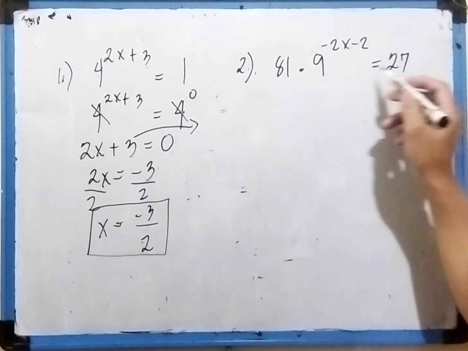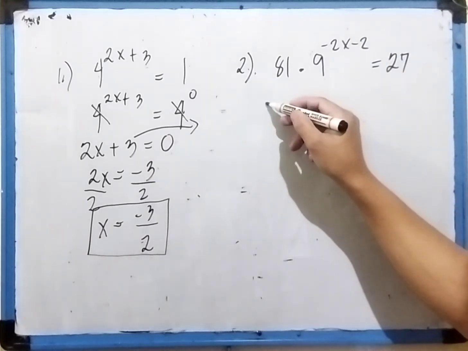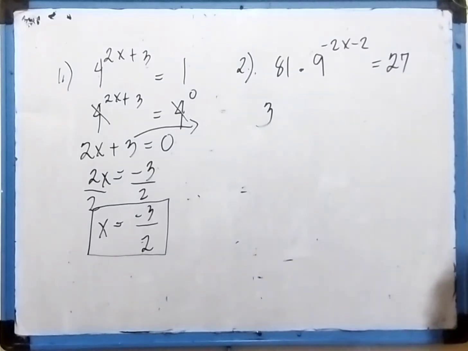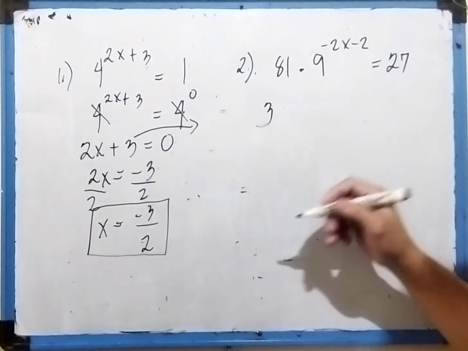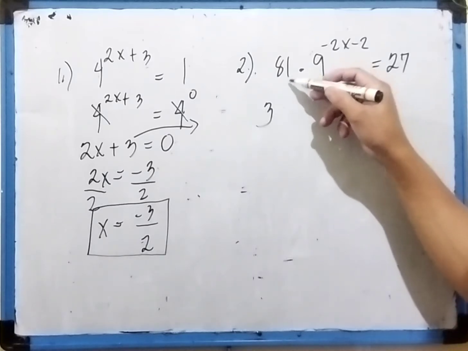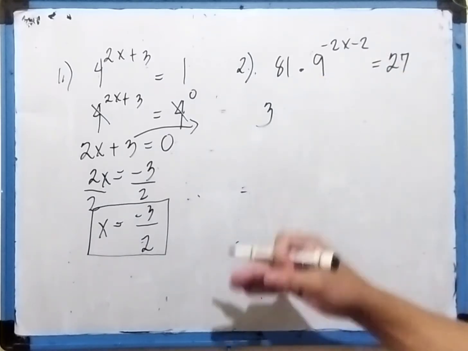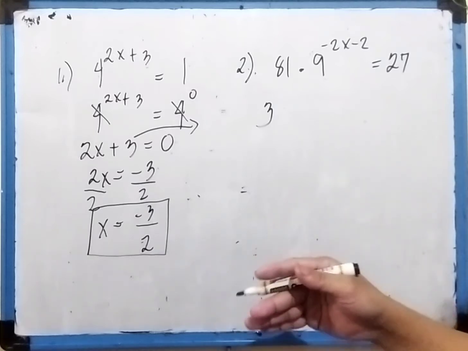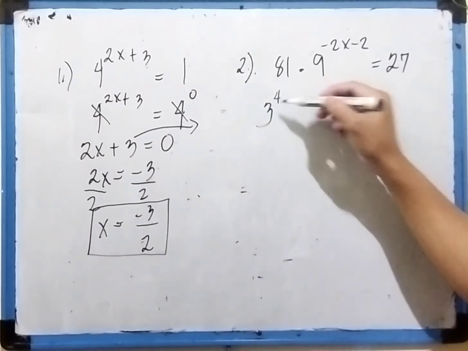So, since 9 ito and 27, we can assume that this base can be 3. So, what number will be the exponent to make it equal to 81? We have 3 times 3 is 9, times 3 is 27, times 3 is 81. So, we have 3 raised to 4.